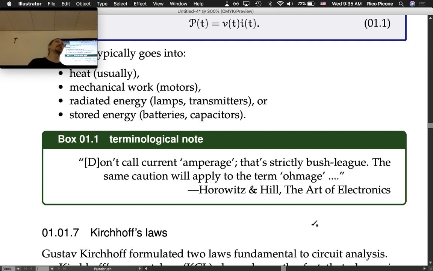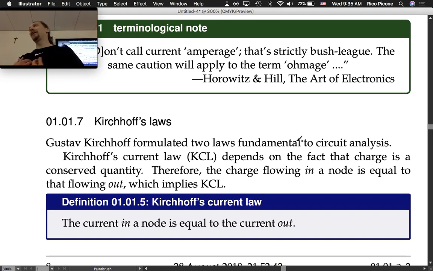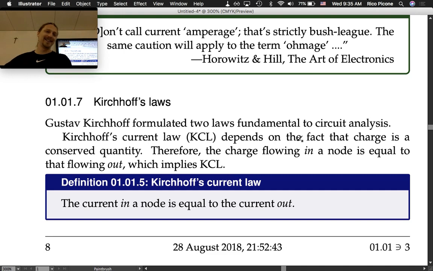Amperage is something that you hear quite a bit, and if you use it, that's not a big deal. But we prefer the word current. I don't really care, but if you say it out in the workplace, people might judge you for it. So just so you know.